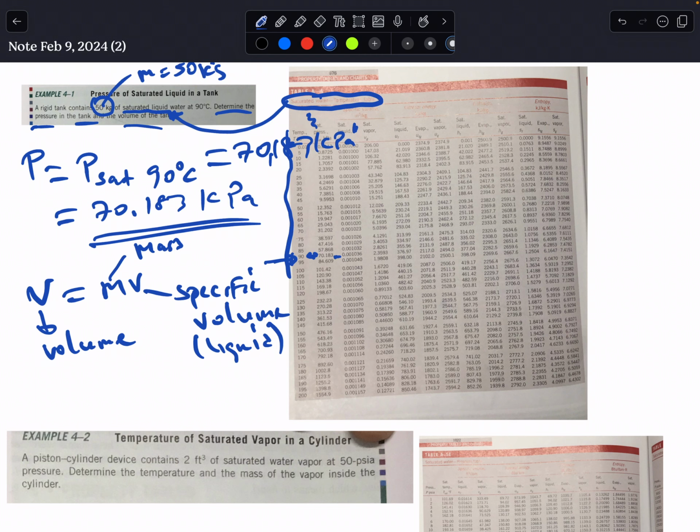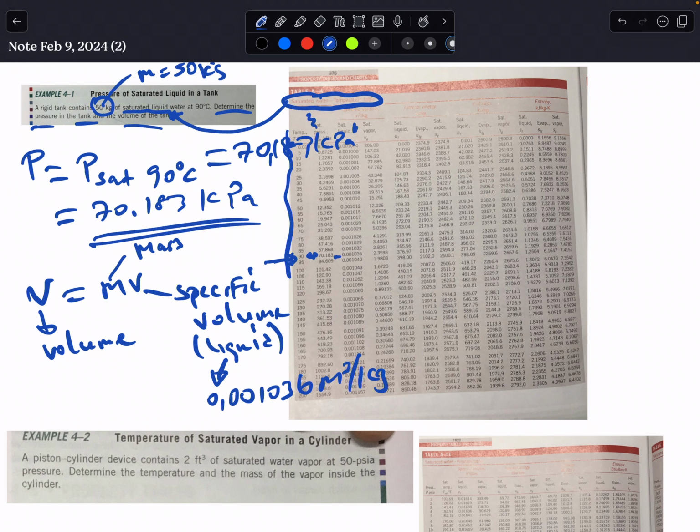So I have this value given as 0.001036, and that becomes my specific volume of saturated liquid, still from the property table.